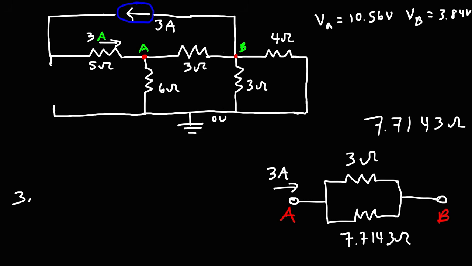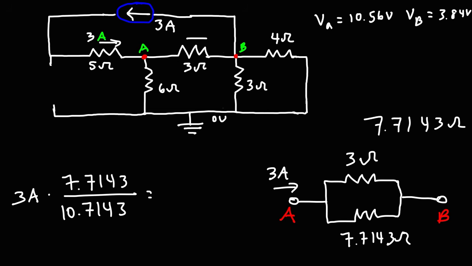So to calculate the current flowing through the 3 ohm resistor, it's going to be 3 amps times the other resistor divided by the sum of those 2 resistors, which is 10.7143. So the current flowing through the 3 ohm resistor is going to be 2.16 amps.